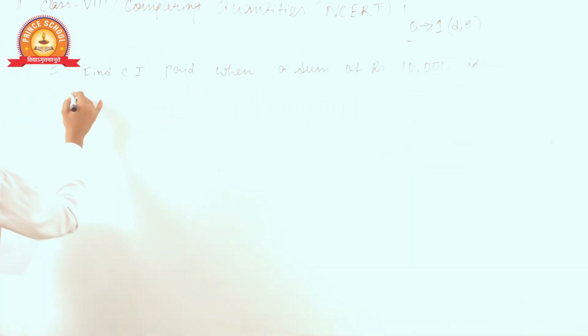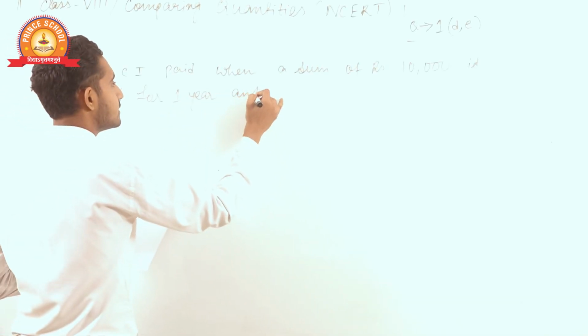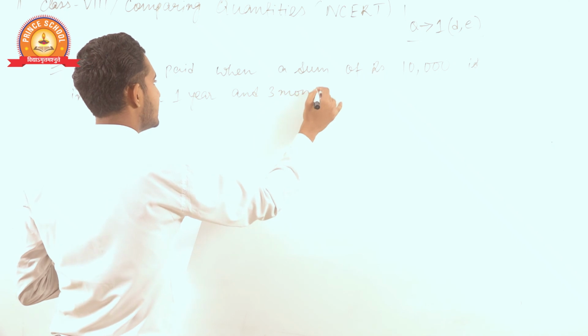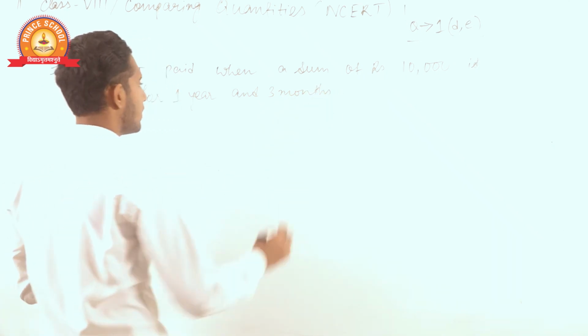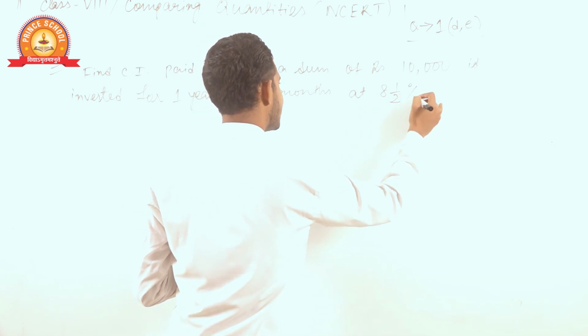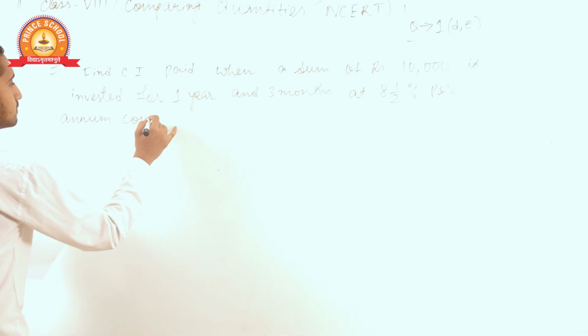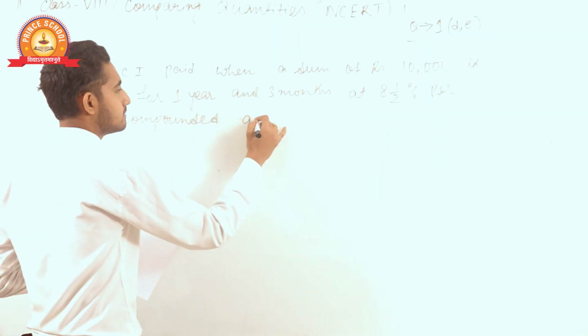A sum is invested for 1 year and 3 months, you know already how to find it, at 8 and 1/2% per annum compounded annually.